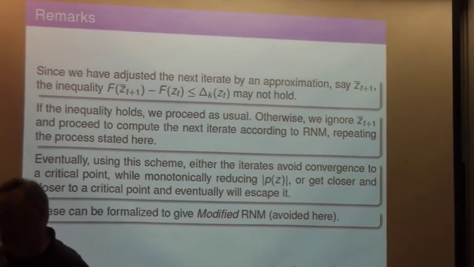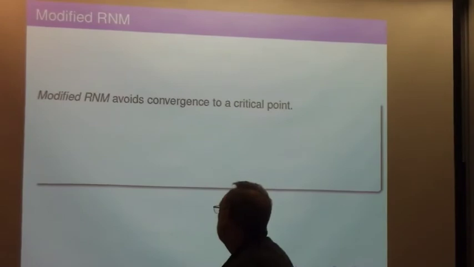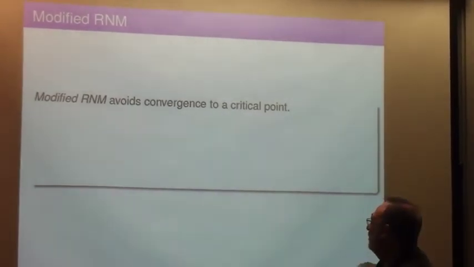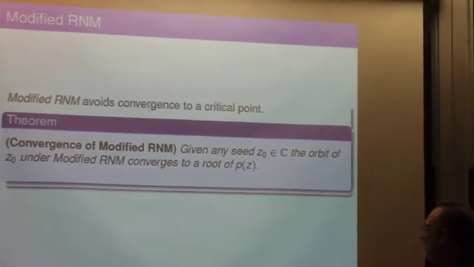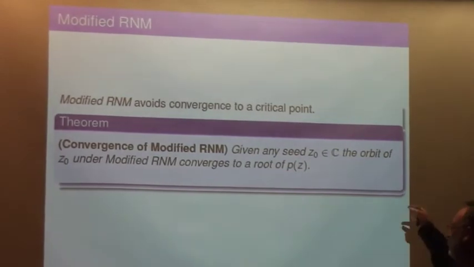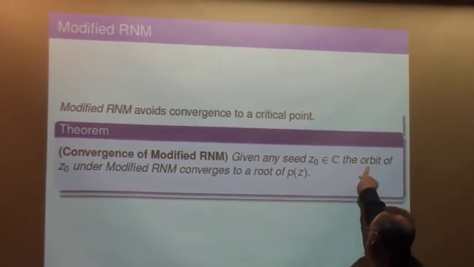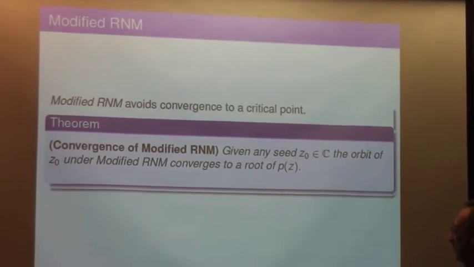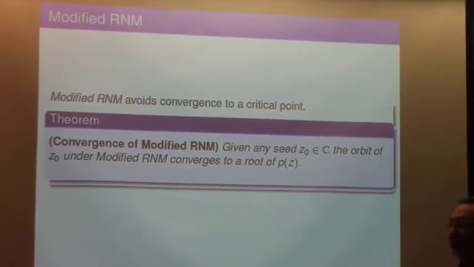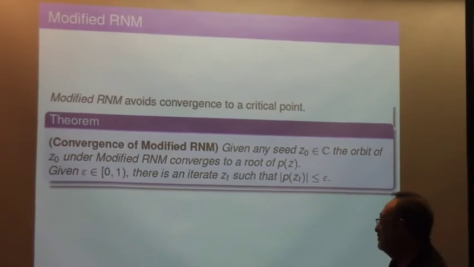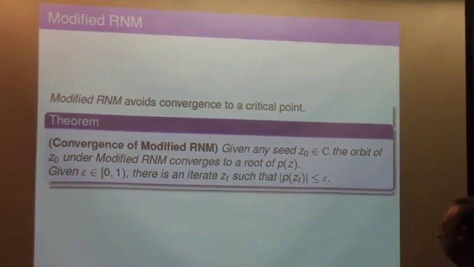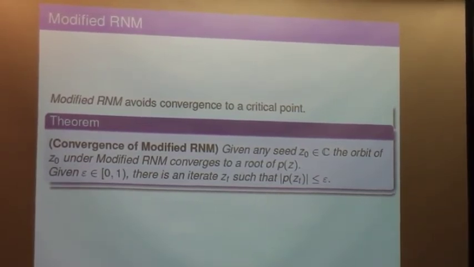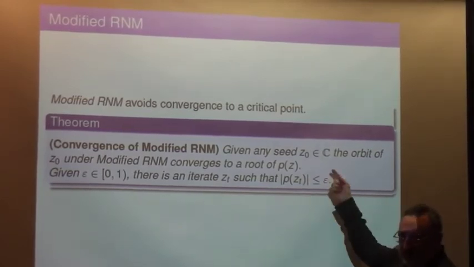That's open. It avoids coming to a critical point, and so we can prove that given any seed, the orbit under modified RNN converges to a root of the cubic. Given epsilon, there is an iterate Zt such that this is the same. What is it in terms of epsilon?